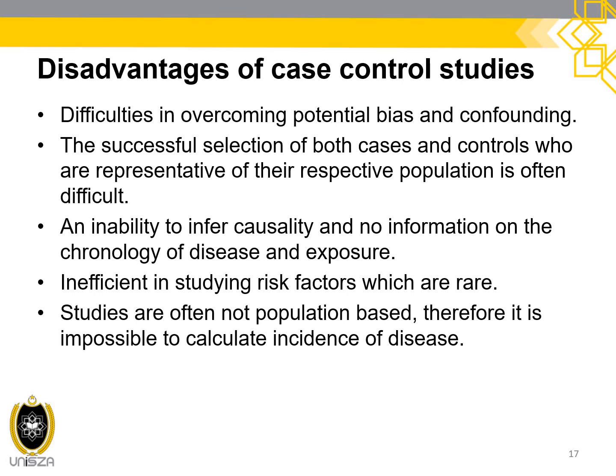The third disadvantage is the inability to infer causality, and no information on the chronology of disease and exposure, because of the retrospective nature of the study. Fourth, it is inefficient in studying risk factors which are rare. And finally, studies are often not population based, therefore it is impossible to calculate the incidence of disease.